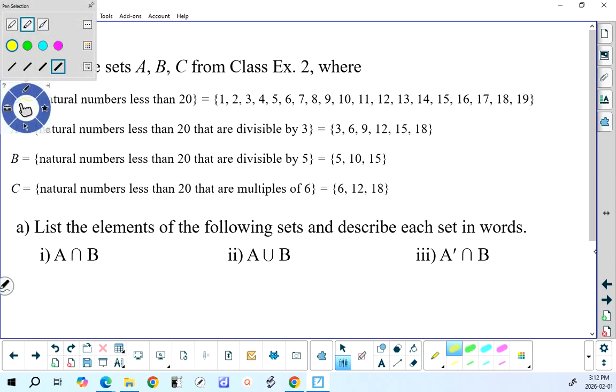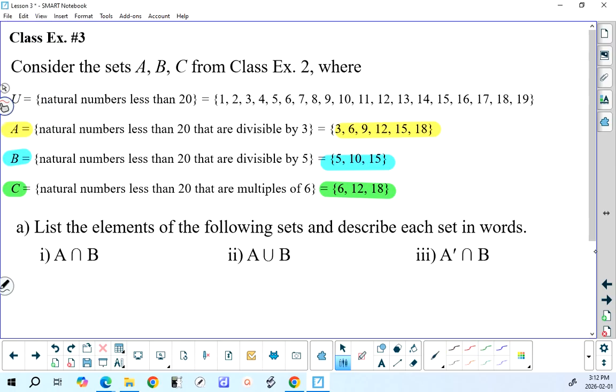And I changed the font size to make things fit. This is set A. This is set B, which were multiples of 5, or numbers that were divisible by 5. And set C was this, which were multiples of 6, or numbers that were divisible by 6.